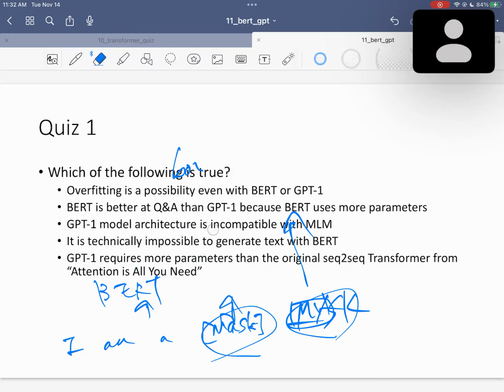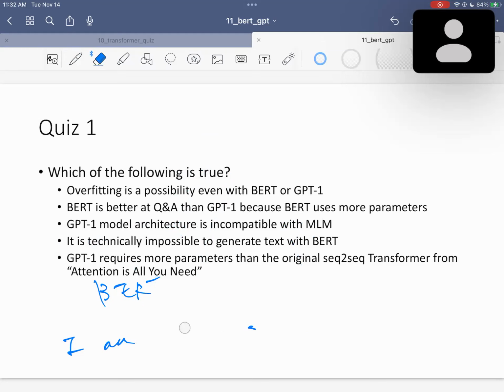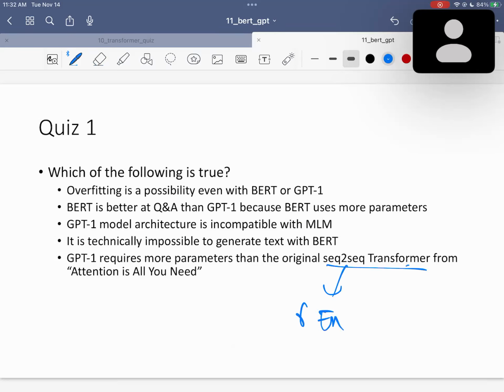And the last one, GPT-1 requires more parameters than the original sequence-to-sequence transformer from Attention Is All You Need. Obviously, this is wrong because GPT-1 is 12 layers. This one uses 6 encoders and 6 decoders, right?